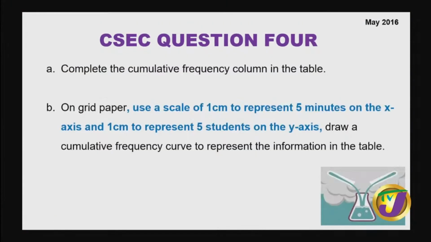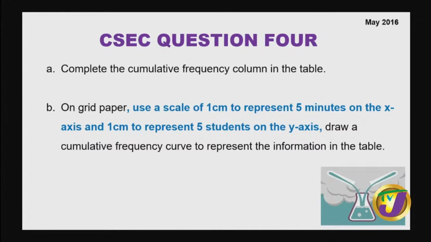Complete the table and, on grid paper using the scale of 1 centimeter to represent 5 minutes on the x-axis and 1 centimeter to represent 5 students on the y-axis, draw a cumulative frequency curve.